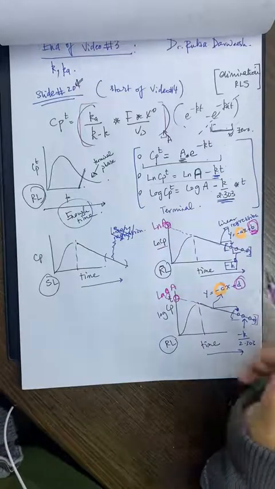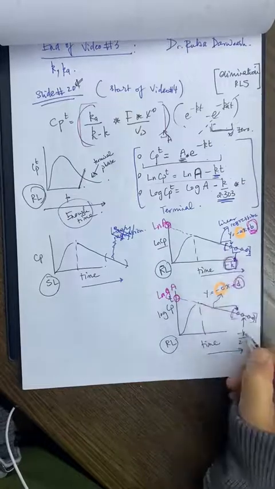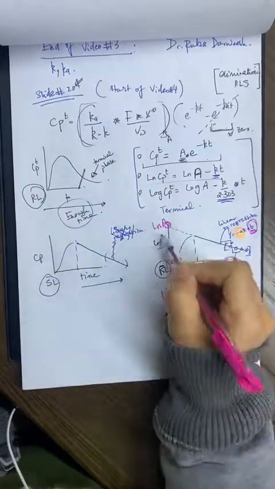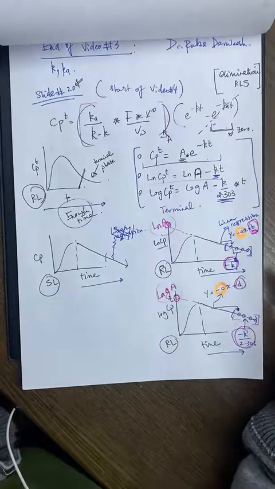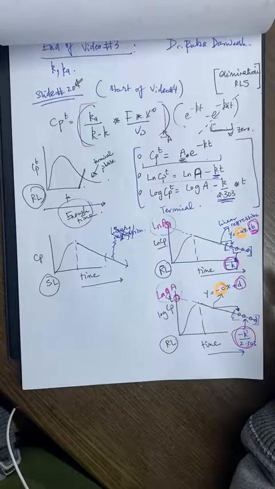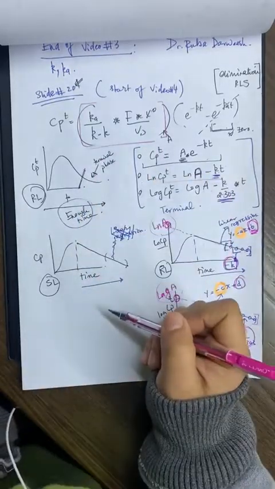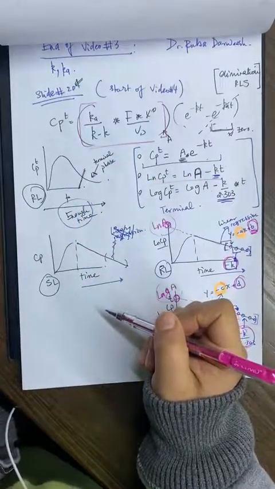So again, we can determine the slope in each one of them. We can determine the intercept. So you can determine k, which is what we need to do, and you can determine the whole constant that you have here.